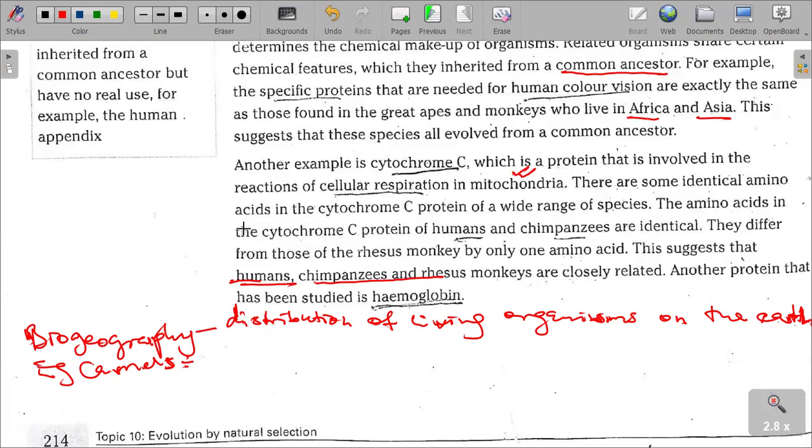So we have the camels too. I'm talking about the finch birds of the Galapagos Islands, which were studied by Charles Darwin.